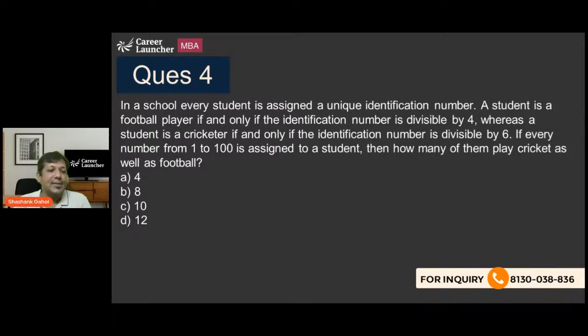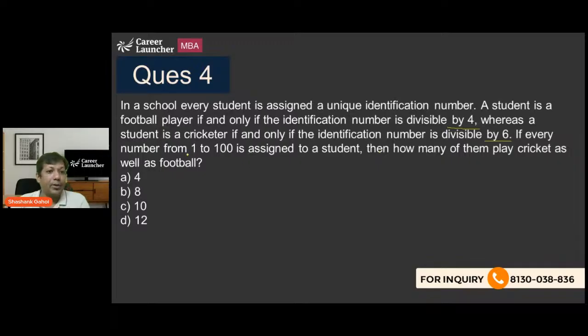So what does it say? It says that in a school, every student is assigned a unique identification number. So everyone has a unique ID. A student is a football player if the identification number is divisible by 4. If a student is a cricketer, the identification number is divisible by 6.